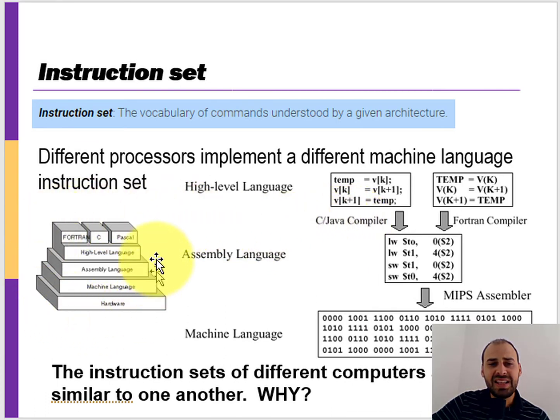We can see that in this picture here. You can think of the foundation as the hardware. The hardware understands machine language, the ones and zeros. A little bit above the ones and zeros, we're going to see something called assembly language. There's a clear conversion between the ones and zeros and assembly language. We go further up to our higher level languages.